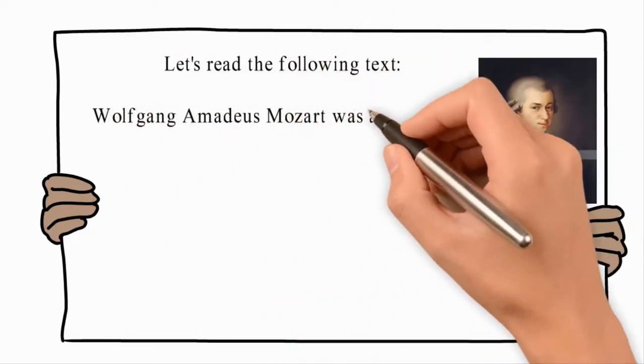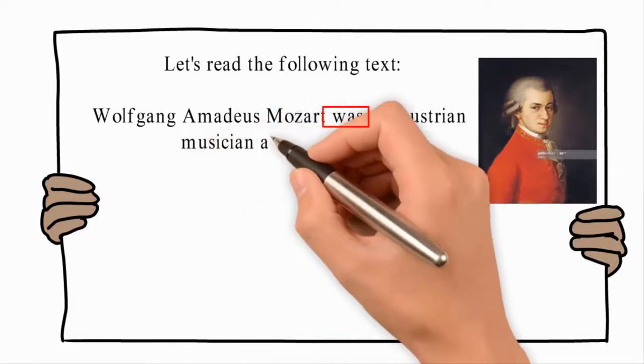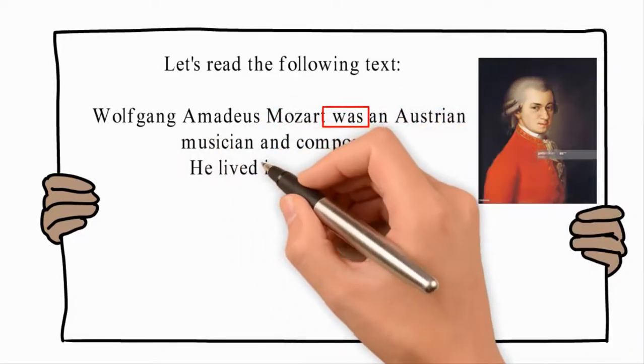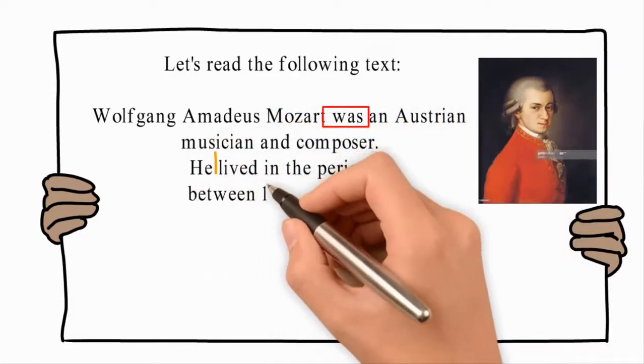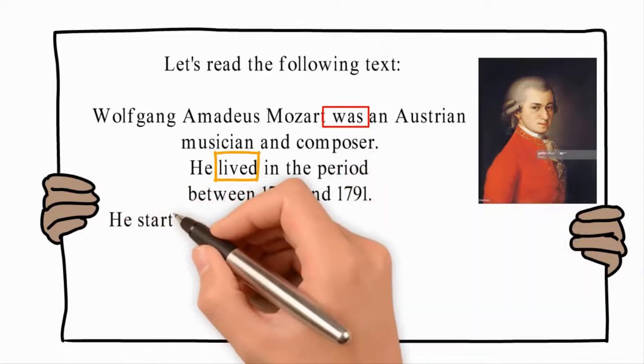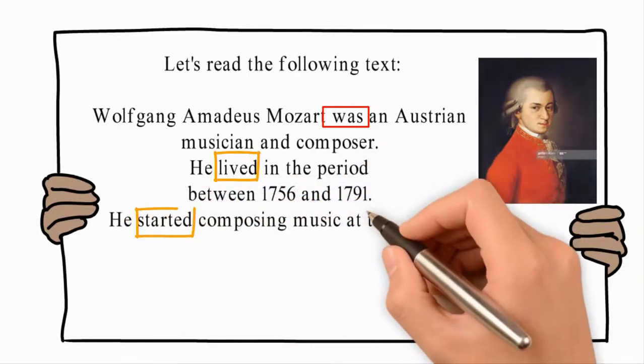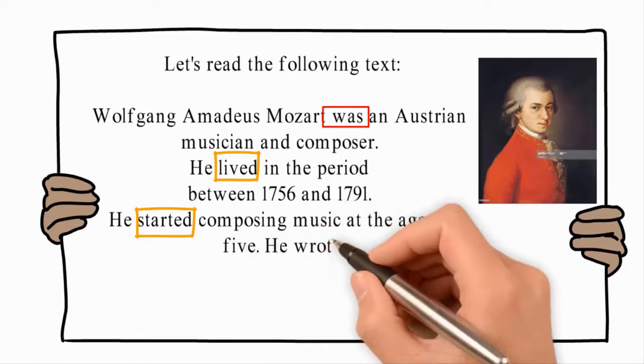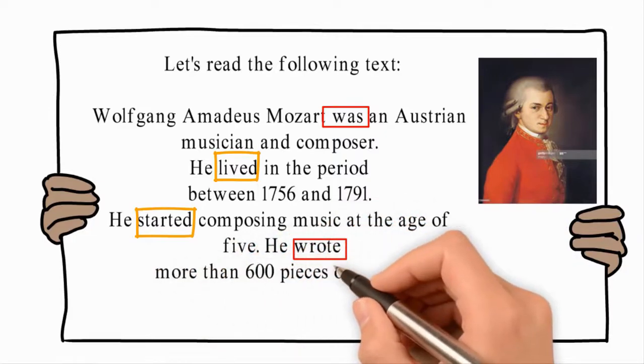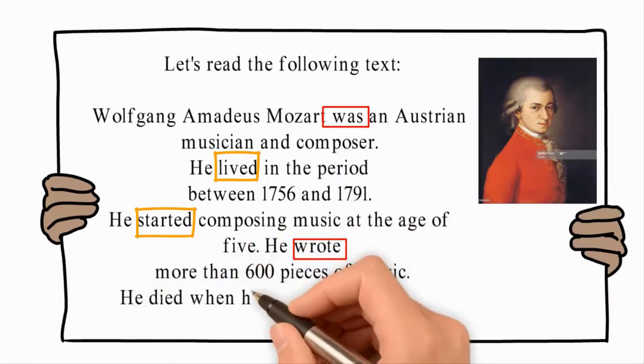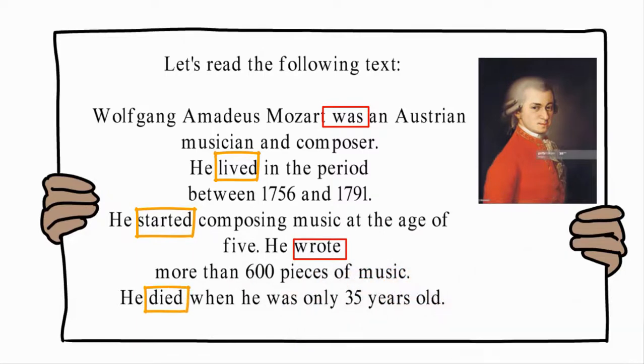Wolfgang Amadeus Mozart was an Austrian musician and composer. He lived in the period between 1756 and 1791. He started composing music at the age of 5. He wrote more than 600 pieces of music. He died when he was only 35 years old.